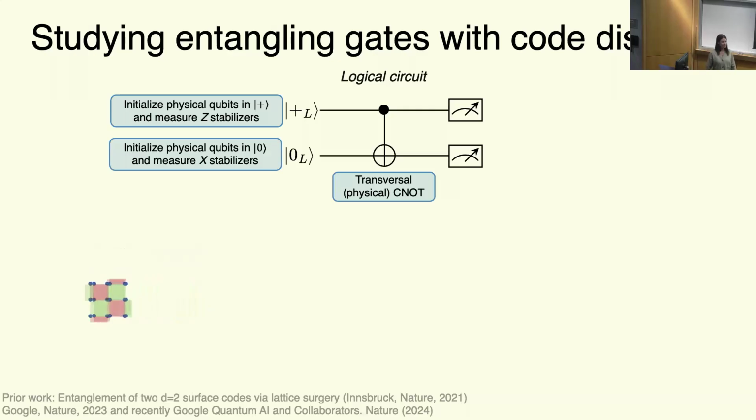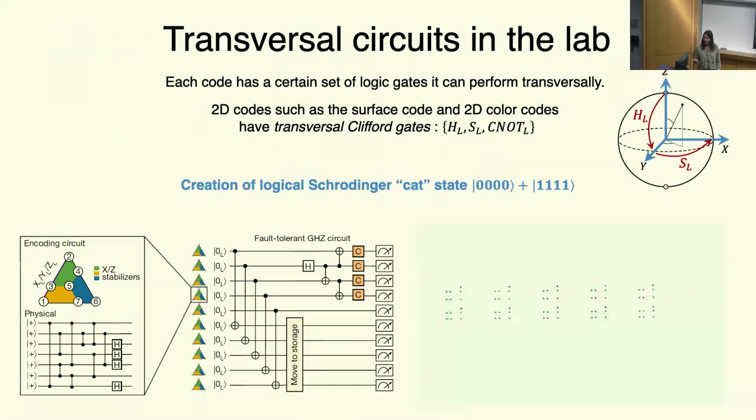Oh, yes, question. What does it mean to check for parity in qubits when you're talking about a cat state? Because wouldn't that collapse the superposition when you're doing the measurement? Oh, great question. Very important distinction. So this cat state is a cat state of logical qubits. Each logical qubit is comprised of physical qubits, and that's what we're checking the parities on.